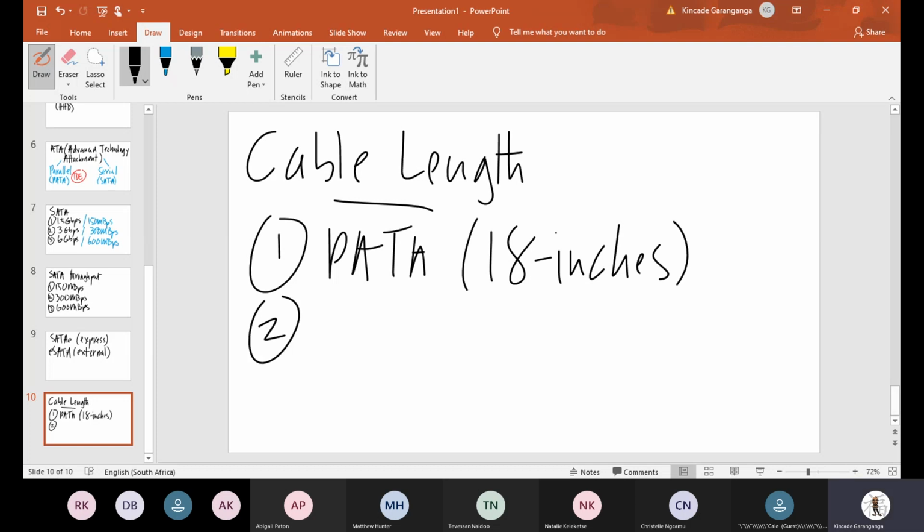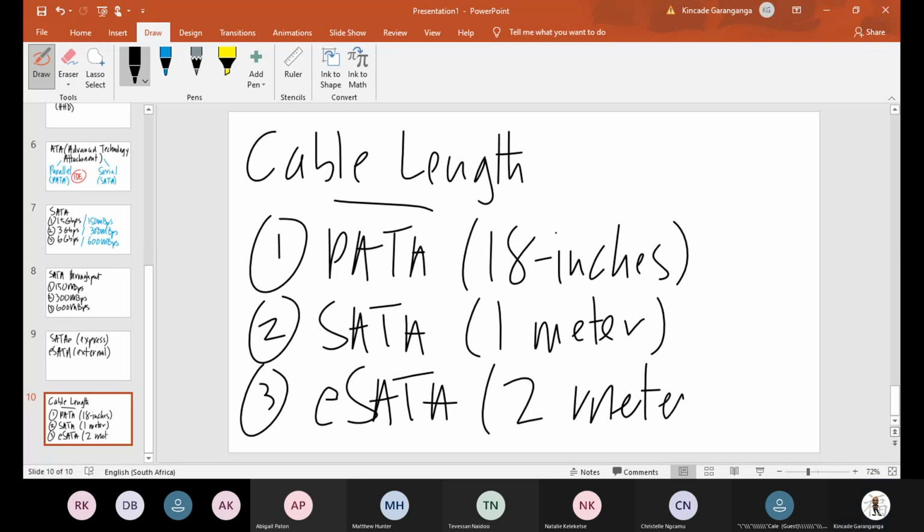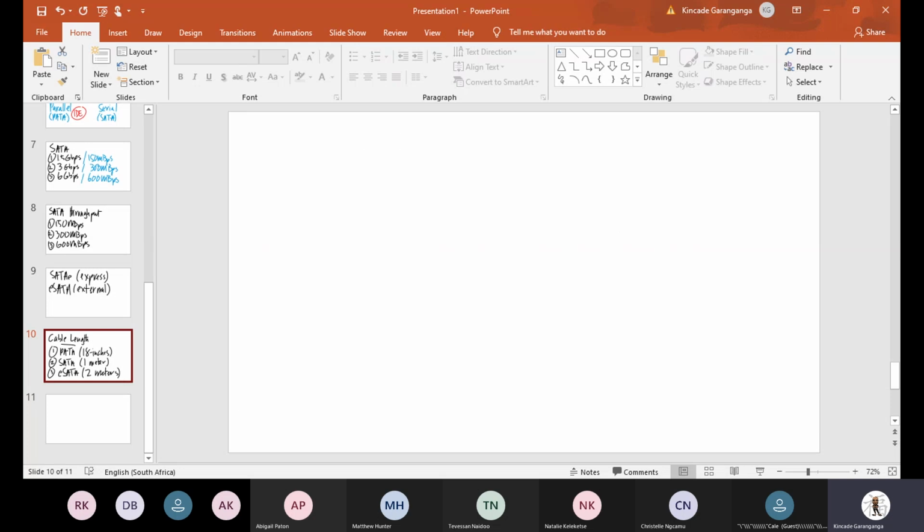Then you've got your serial, which has a maximum length of about 1 meter. Remember, this 1 meter is equivalent to about 40 inches, which is, no, actually my mistake there. It's actually a lot less. And then you've got your eSATA, which is about 2 meters. So it's important to familiarize yourself with these particular cable lengths.